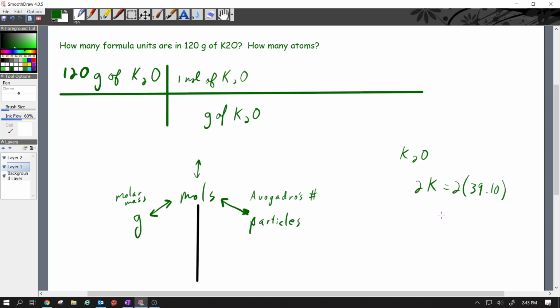So 2 times that plus 1 atom of oxygen, which is 1 times 16.00. And when I do the math on that and get it all together, I get 94.02 grams per mole.